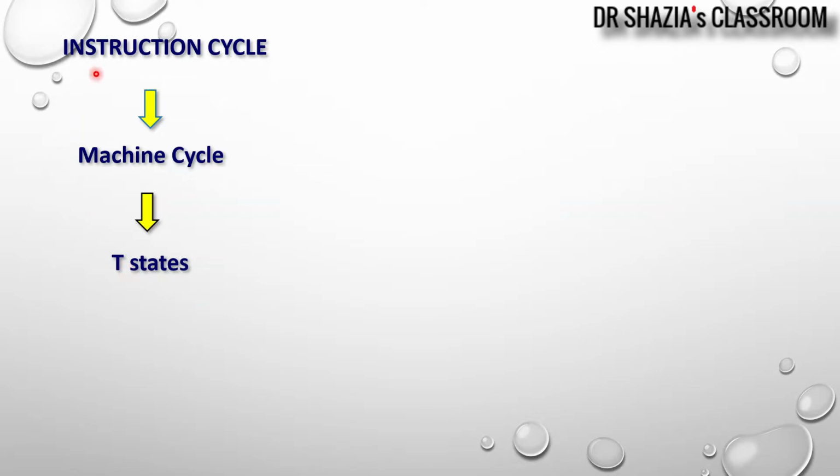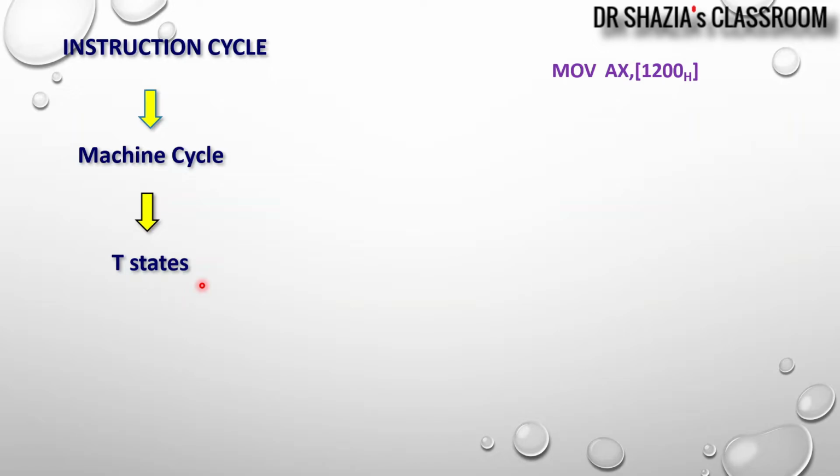In turn, we will understand that one instruction requires how many T states, and each T state is of how much duration. That gives us the actual count of how much time will be required by the processor to execute one instruction. So let us take an example to understand it in a little more detail.